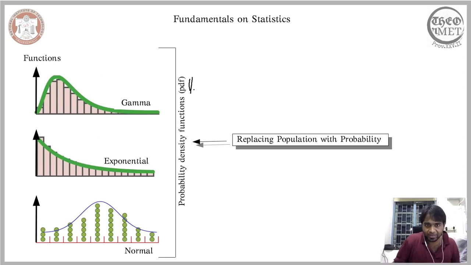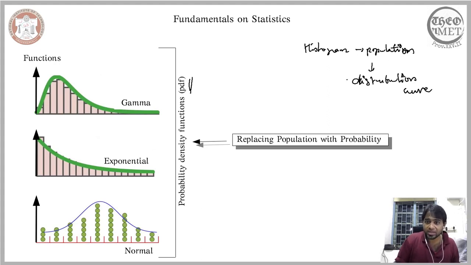The way we have arrived at the probability density function is, we have translated the histogram that represented population, and this histogram was initially translated to a distribution curve, and this distribution curve, which again considered the population, was translated to the PDF.